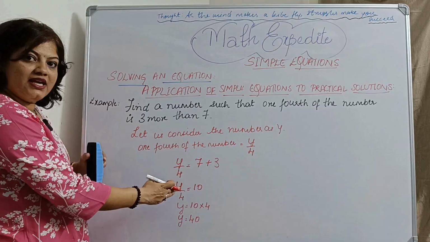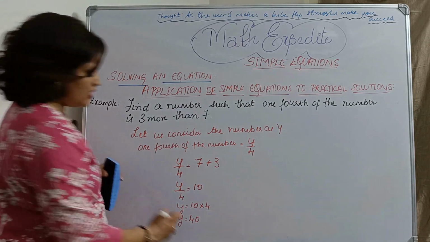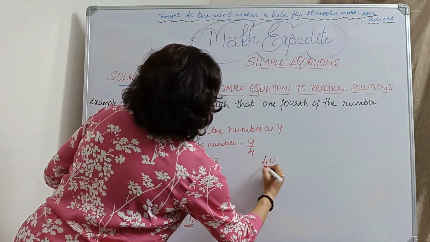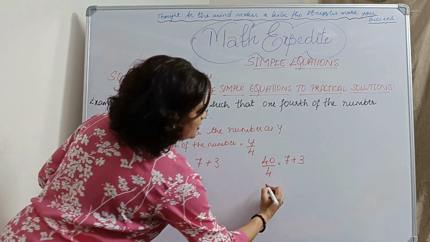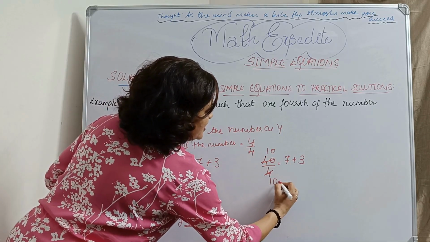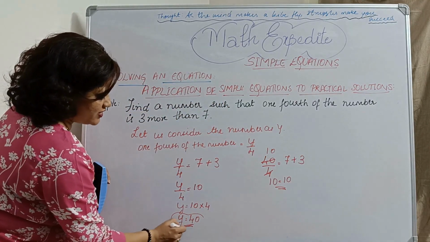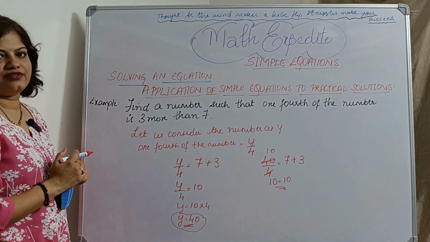We are multiplying both the sides by 4. So let us verify the answer. 40 divided by 4 equals 7 plus 3. 4 tens is 40. So 10 equals 10. So y equals 40 is the correct solution for this question.